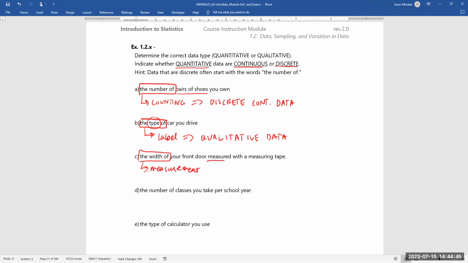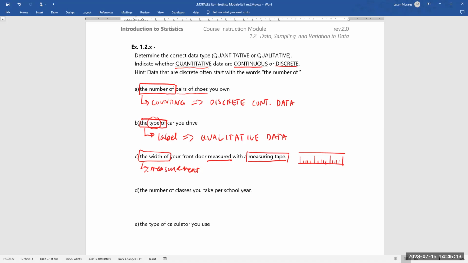And of course, they use the verb measured, and then it says with a measuring tape. If you've ever seen a measuring tape, it looks like a ruler and it has measurement increments on it.